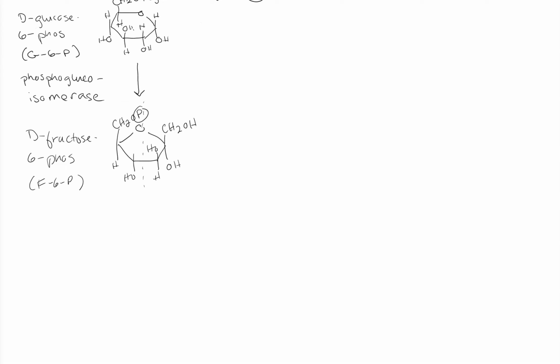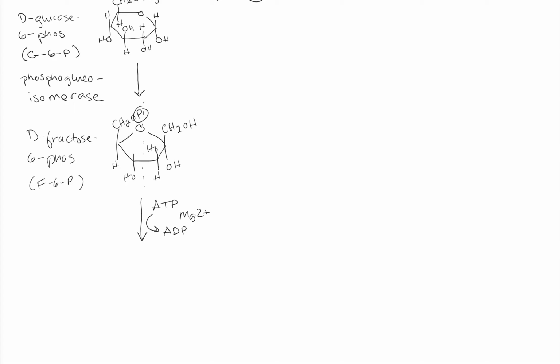Once we have the D-fructose 6-phosphate, we have to invest another equivalent of ATP in the presence of magnesium.